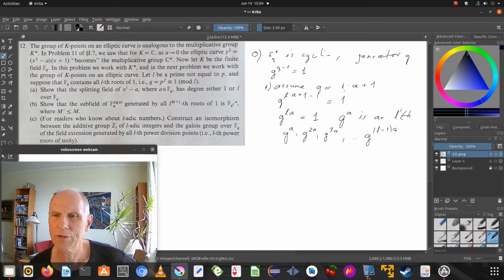If we subtract A here, Q equals L minus 1 times L plus A, so it's Q minus A plus 1.